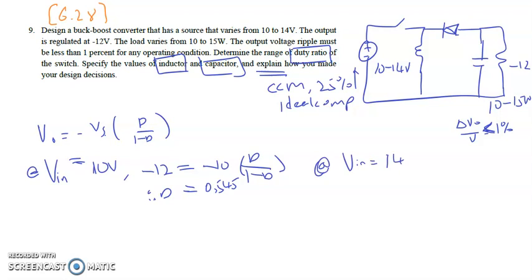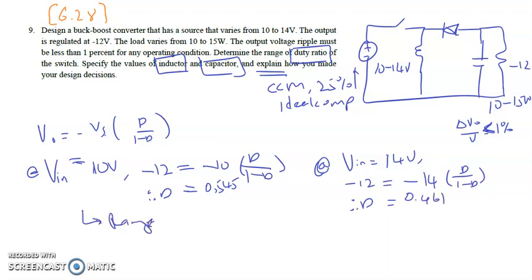At V in of 14 volt, we calculate and D is equal to 0.461. So the range of our control duty cycle should be between 0.461 and 0.545.